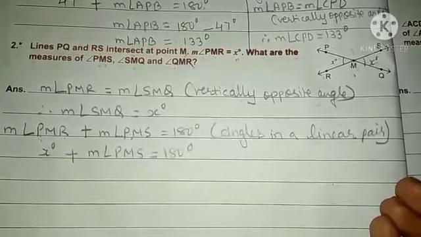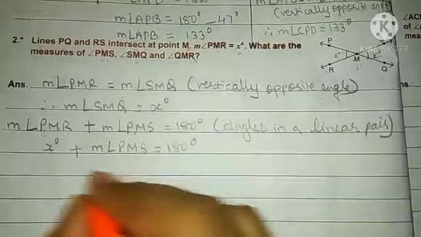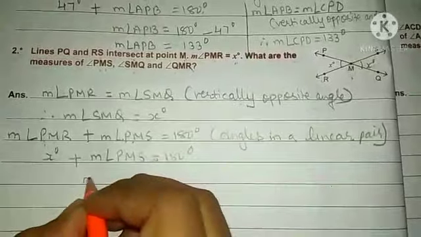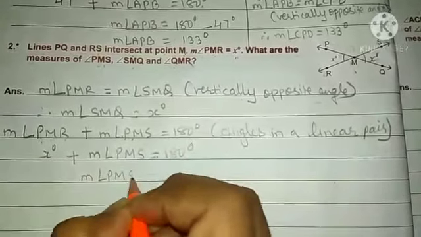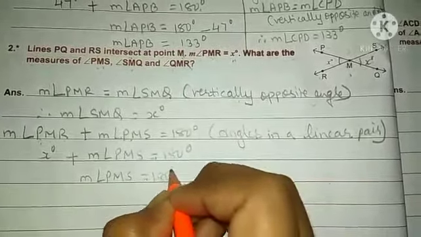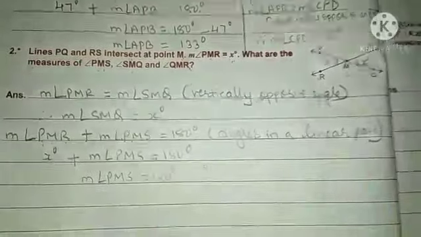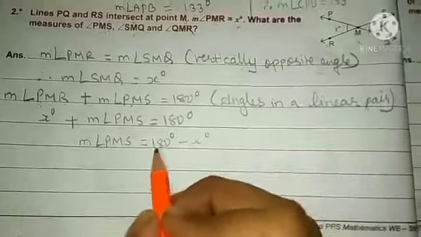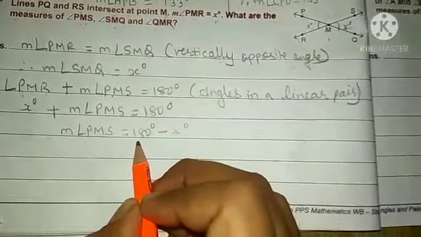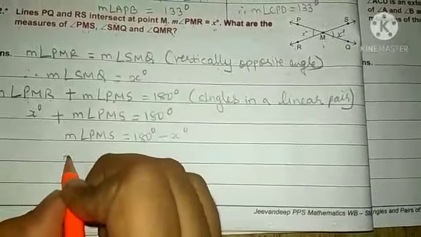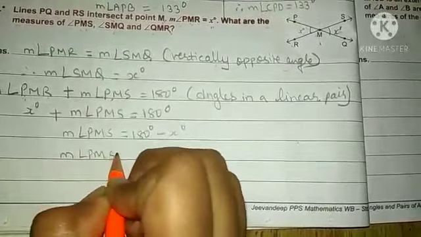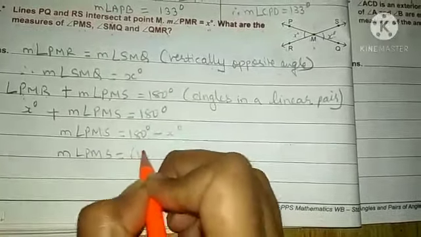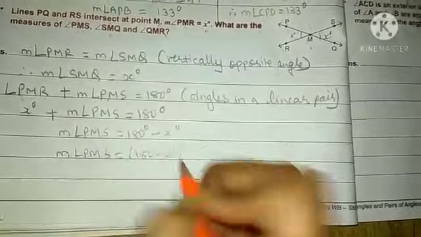Understood? Now how you will do the calculation over here? Here you will take x on the right hand side. So addition will become subtraction. So 180 degree minus x degree. So what you will get? So can you subtract x from 180 degree? No. So the measure of angle PMS is 180 minus x degree.